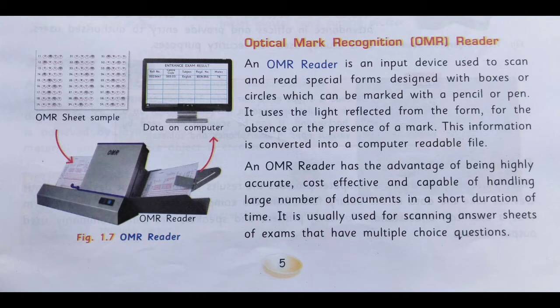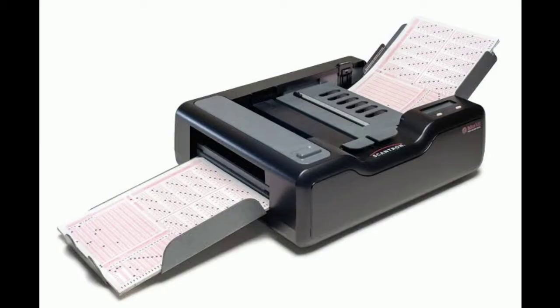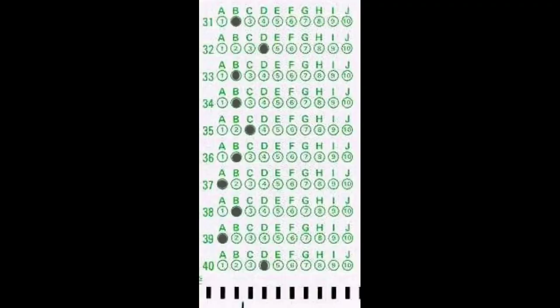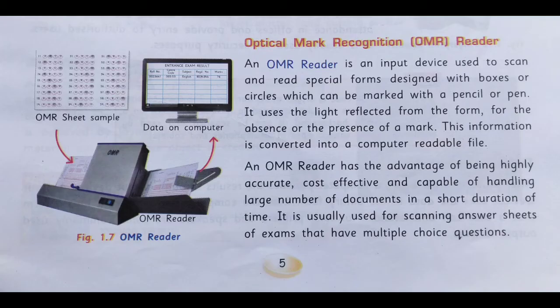This information is converted into a computer readable file. An OMR reader has the advantage of being highly accurate, cost effective and capable of handling large numbers of documents in a short duration of time. It is usually used for scanning answer sheets of exams that have multiple choice questions.